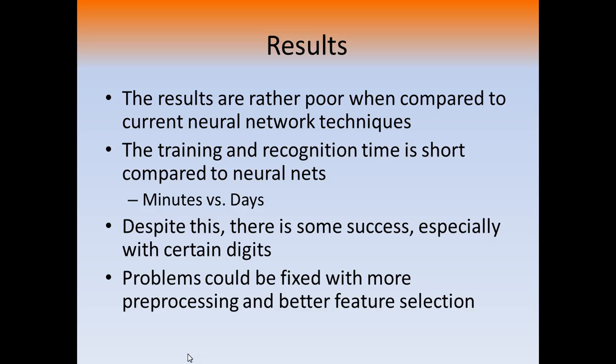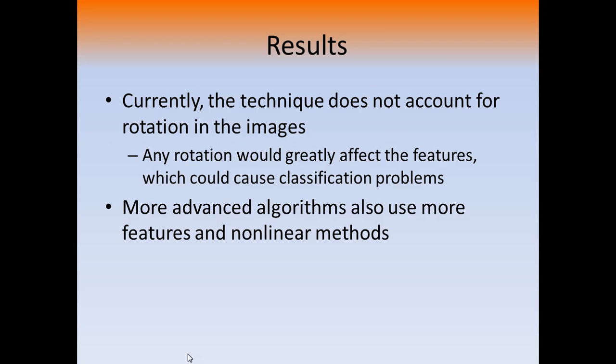One way this algorithm could possibly be fixed is by pre-processing the data more, by doing more than just skeletonizing, like accounting for rotation, and selecting better features. Even though these ones were intuitive, they may not have been the best ones to actually describe the data. As I was saying a moment ago, this technique does not account for rotation at all.